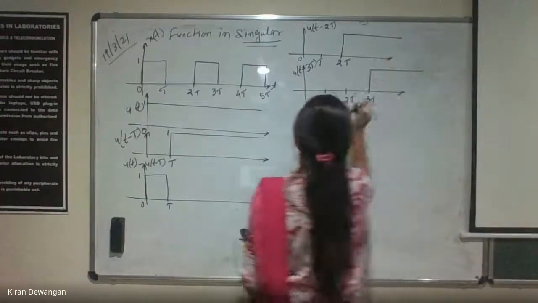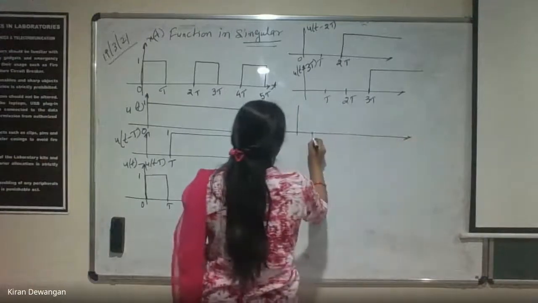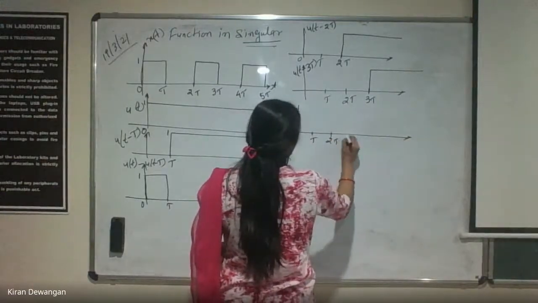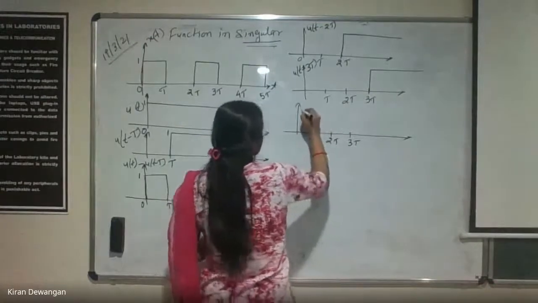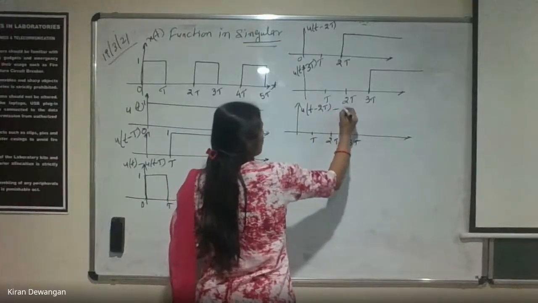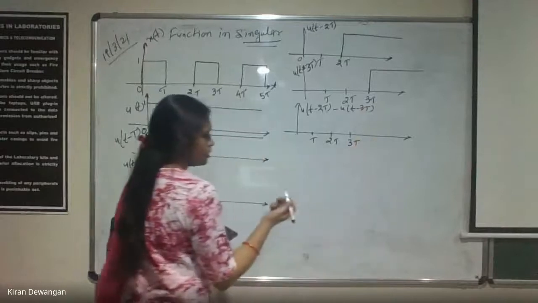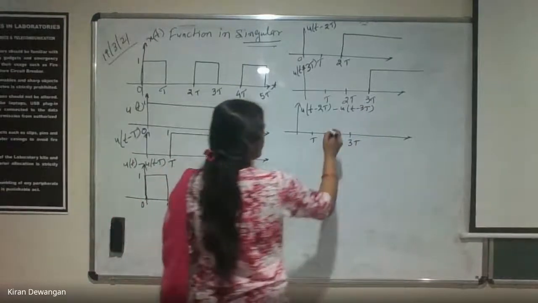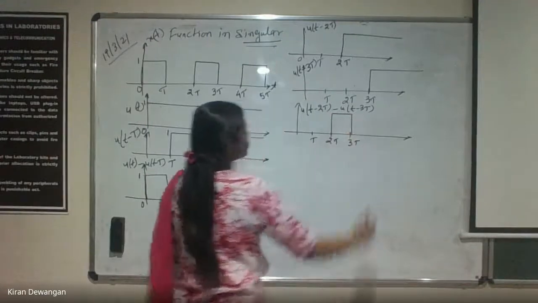So if I subtract these two again, that is u of t minus 2 tau minus u of t minus 3 tau, I'll be getting a plot in between 2 tau to 3 tau.